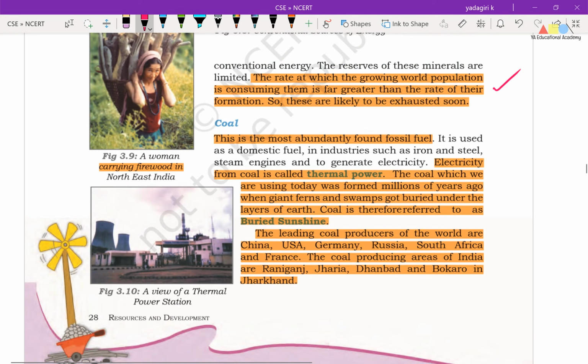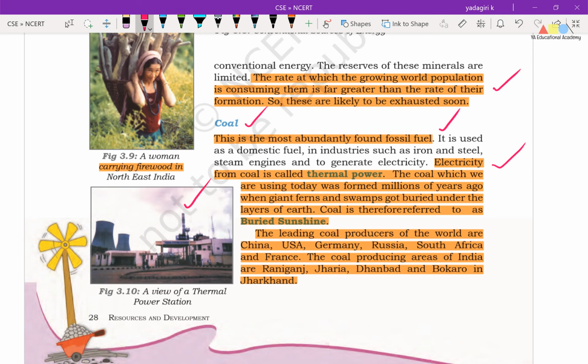Right friends, now we will see the important conventional energy resource, that is coal, in some detail. Friends, this is the most abundantly found fossil fuel. So coal is the most abundantly found fuel. Friends, electricity from coal is called thermal power, and you might be remembering the picture of the thermal power plant.